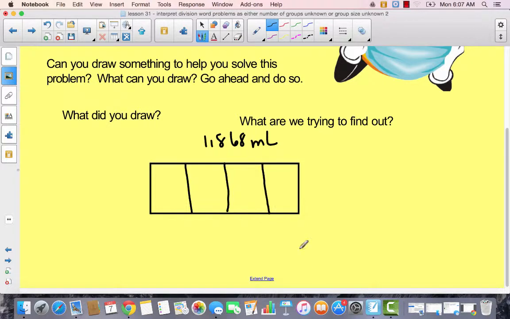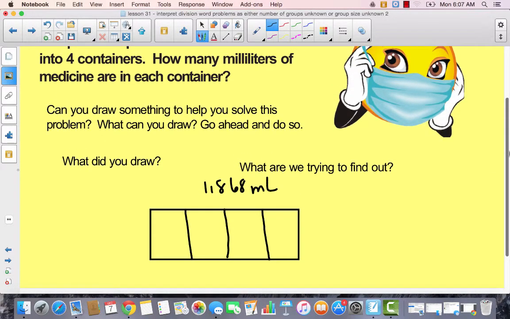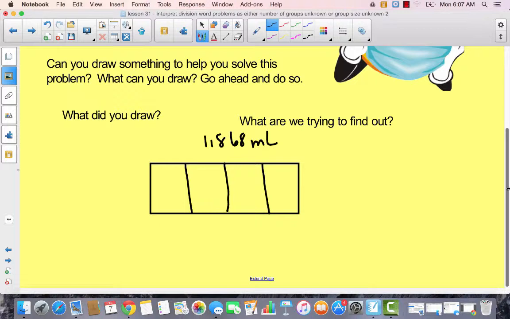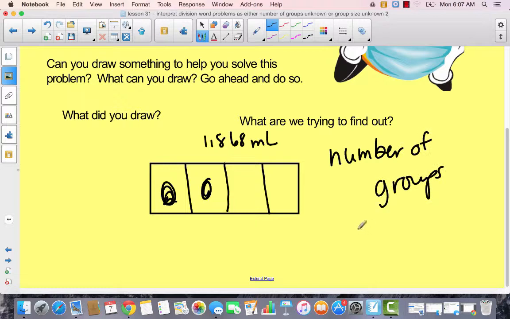So what are we trying to find out? The question says how much was in each container. So each of these represents a container. So we're asking ourselves, these little boxes here, is this the number of groups, or is this the group size?